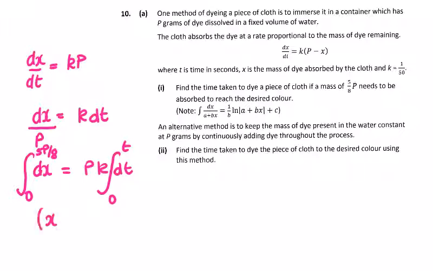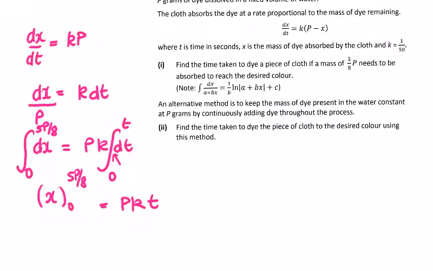So we're just going to get x over here between 0 and 5P over 8. It will be equal to pk times t, integrating 1, this invisible 1 that will be in here, and that will be between t and 0. So we're going to get 5P over 8 is equal to pkt.